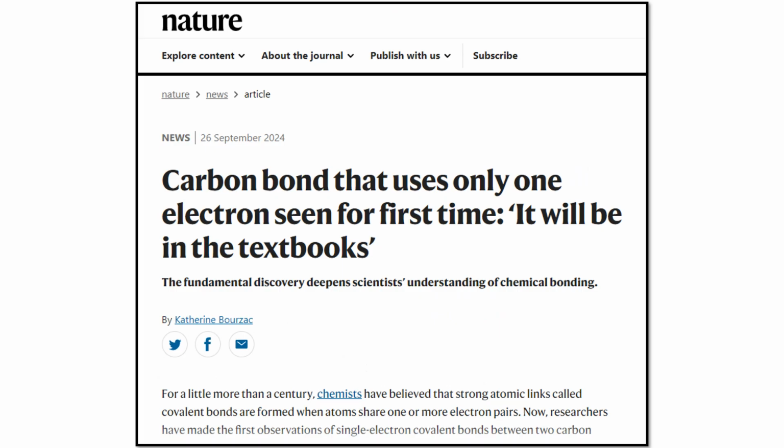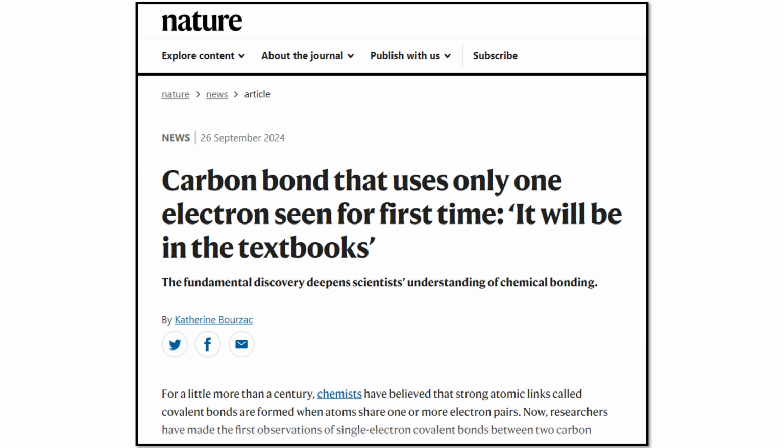For the recent studies under these chemical bonds in September of 2024, this year, we have a published article under Nature where carbon bonds using a single electron. So we saw a while ago that your carbon usually bonds with two or more.